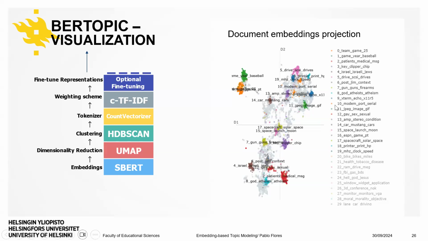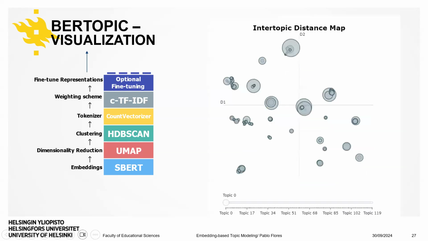Next, we have the intertopic distance map, where each blob is a different topic. This is trying to plot the semantic difference, or whatever difference there is between the topics, capturing the embeddings. The further away they are, the more dissimilar they are supposed to be.